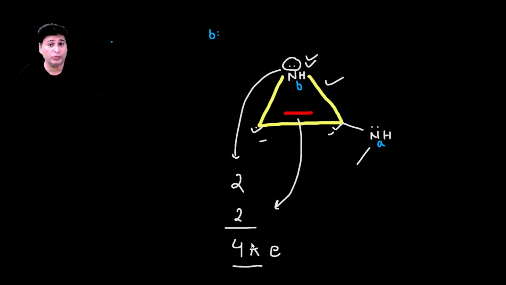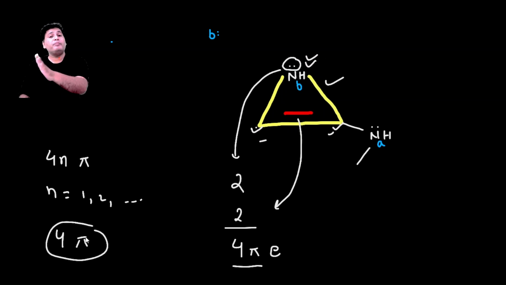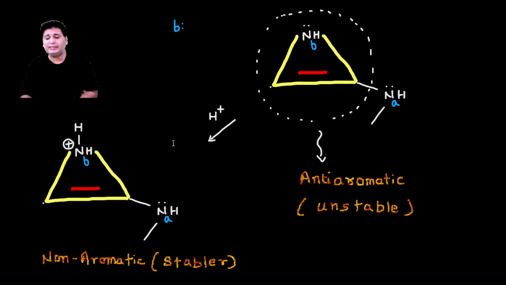Because you know that if there is a cyclic portion, a flat portion, a cyclic conjugation, and there are 4n pi electrons in the cyclic conjugation, where n can be 1, 2, 3, etc., and if you put n equal to 1, you get 4 pi electrons, then such behavior is called anti-aromatic behavior. So you can believe that this case is basically giving you an anti-aromatic behavior.